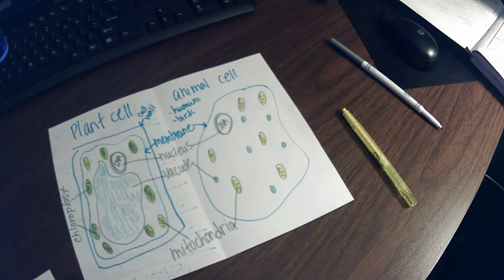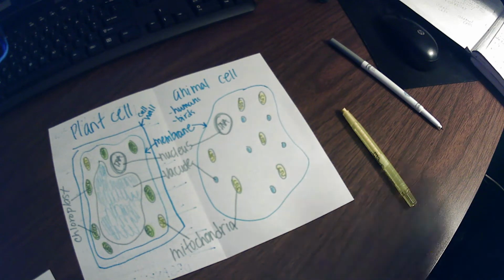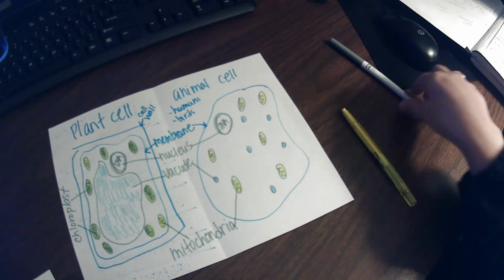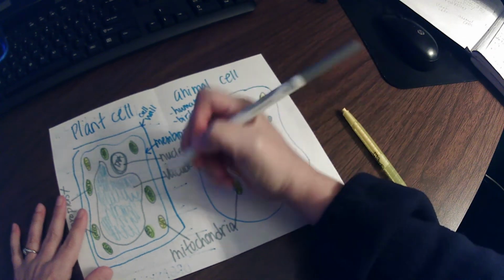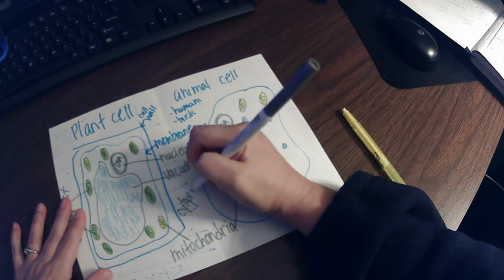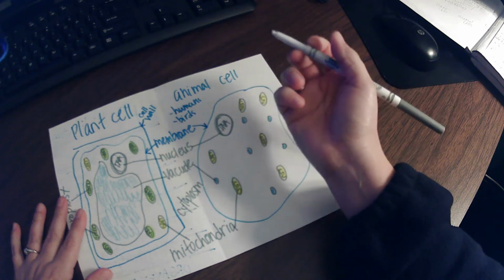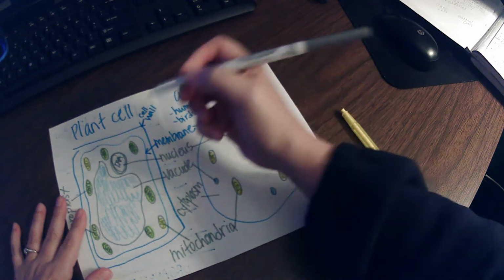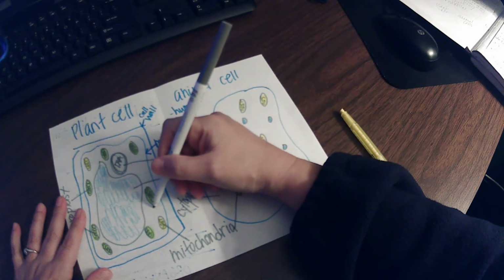And we have one more left. We have what the cell is filled up with all the rest of, and that is cytoplasm. Cytoplasm is going to fill in all the rest of the empty space.